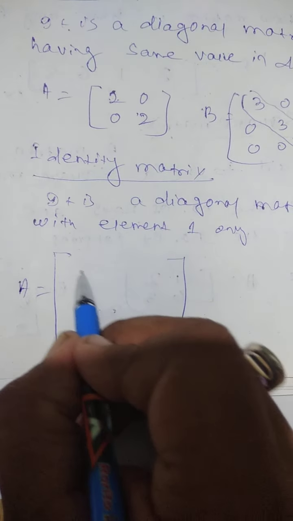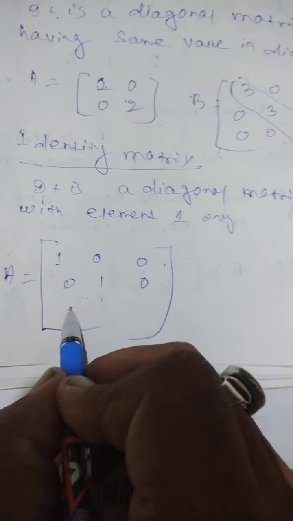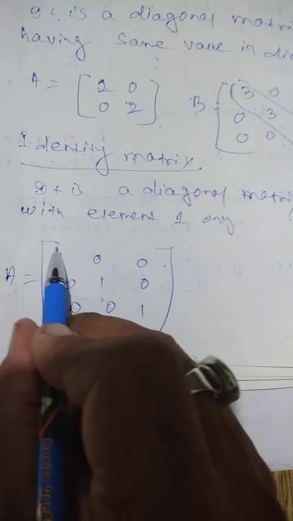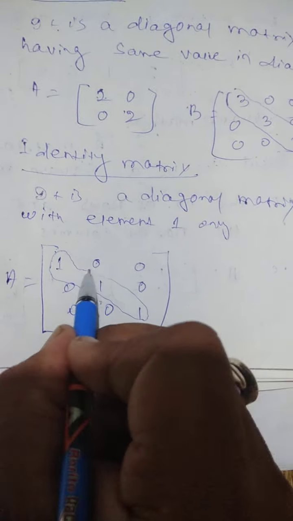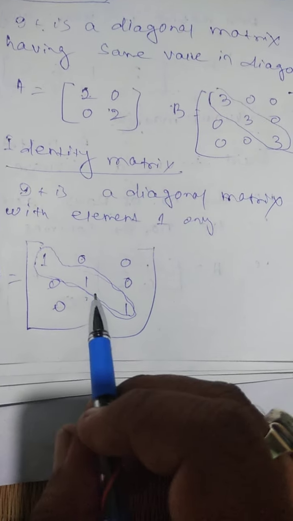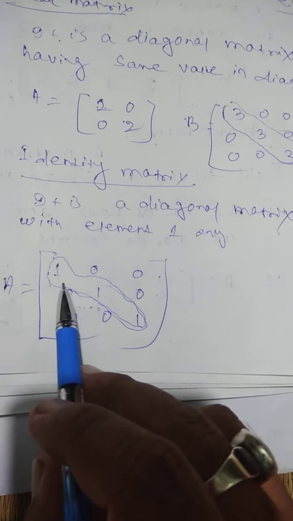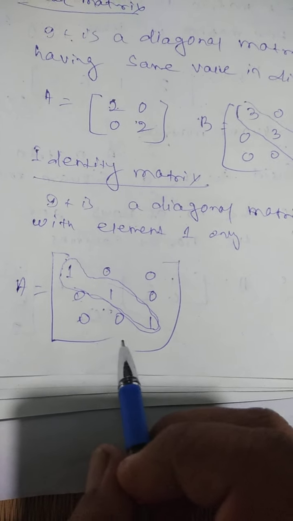Diagonal means this is 1 0 0 0 1 0 0 0 1. There should be elements in the diagonal and these elements should be 1. So when the diagonal elements are 1, that is known as an identity matrix. Clear?